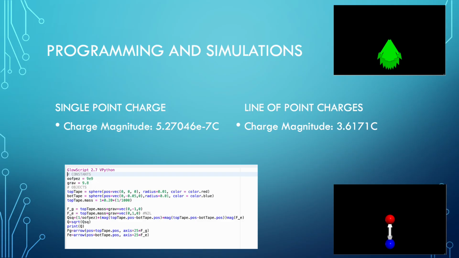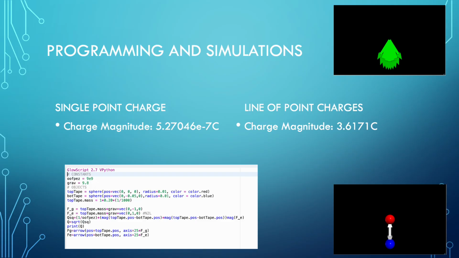We know that the electric force on a point charge is 1 over 4 pi epsilon naught, or epsilon 0, times the product of the charges divided by the radius between the locations squared. We can solve algebraically by multiplying by 4 pi epsilon 0, or multiplying by 1 over that number.